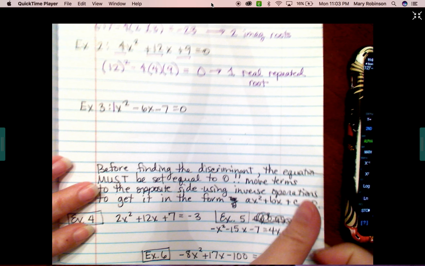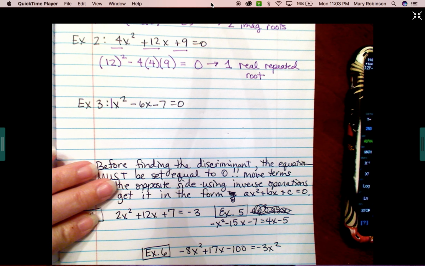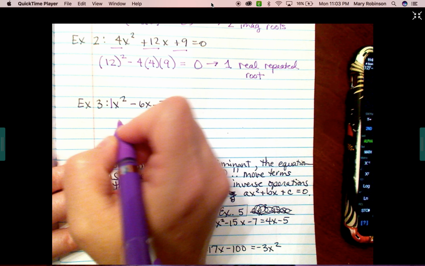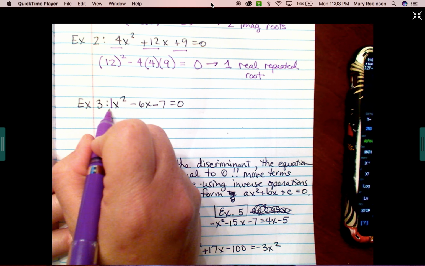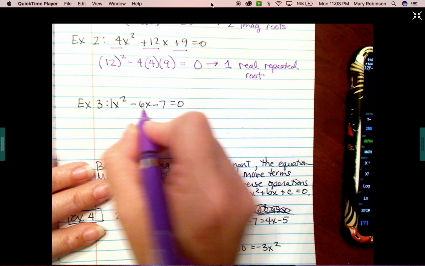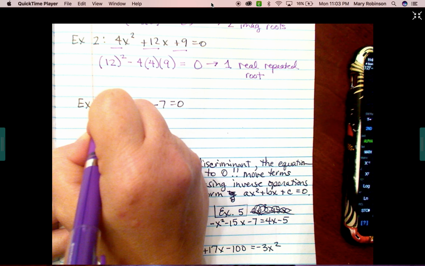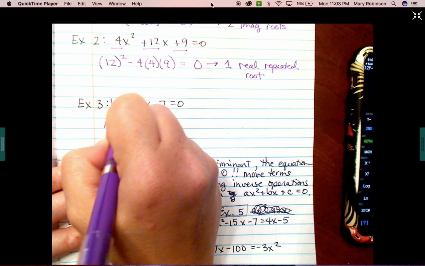And lastly, for example 3 here, before I show you how to do problem 6 through 10 on Delta Math. Keep in mind that if there is not a coefficient in front of your variable in any spot, your a value is going to equal 1.